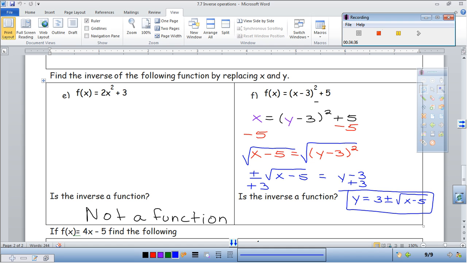No, it's not a function because it has a square root in it, and it will be a parabola on its side. And so it will have x repeating. Not a function.